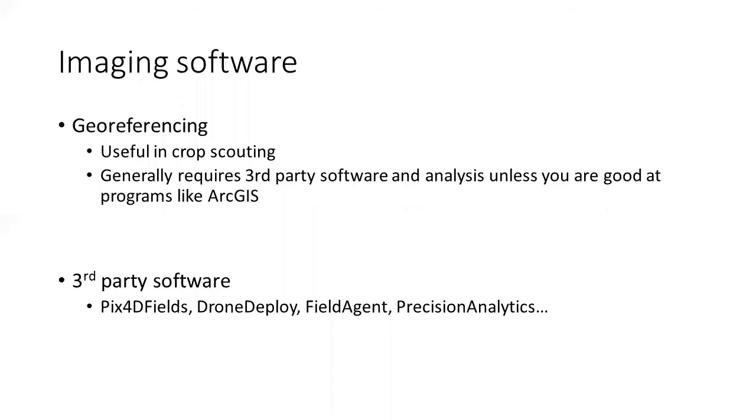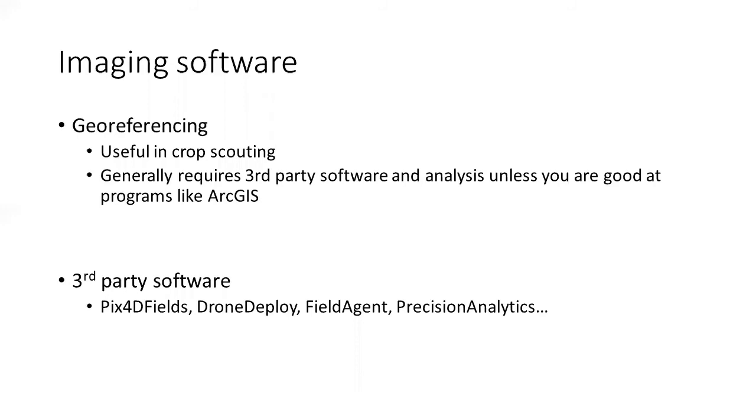In this case, the imaging software uses georeferencing, so it can locate the specific point on a map in a field. And this is something that requires using third-party software, unless you're good at using programs like ArcGIS, which is a more complex program that requires a certain amount of training to use.